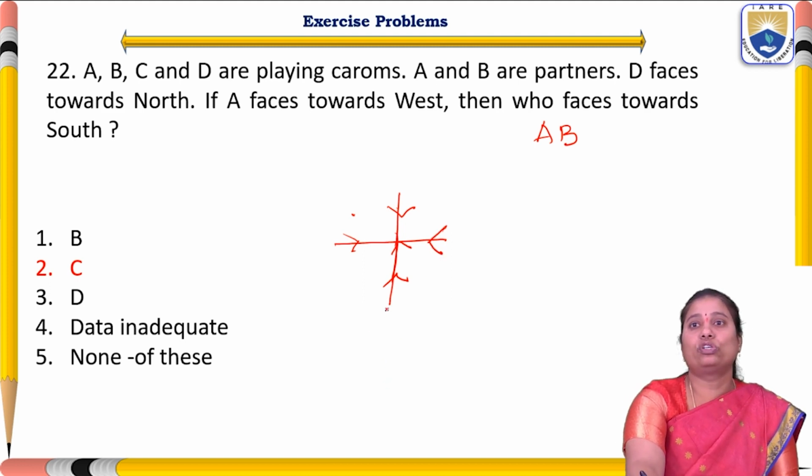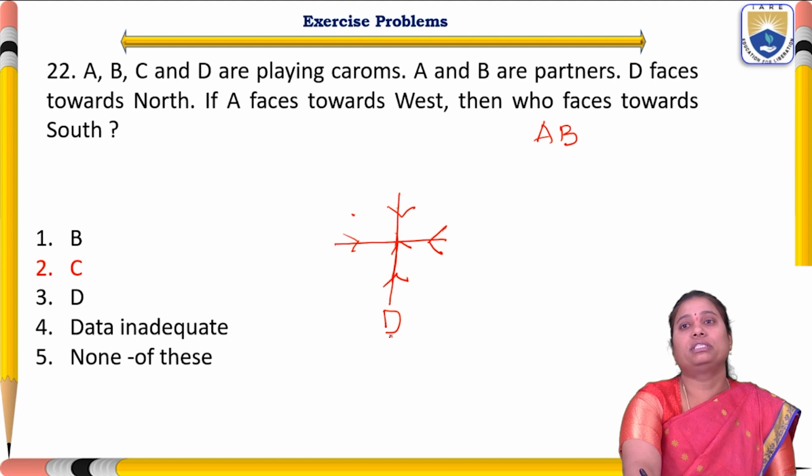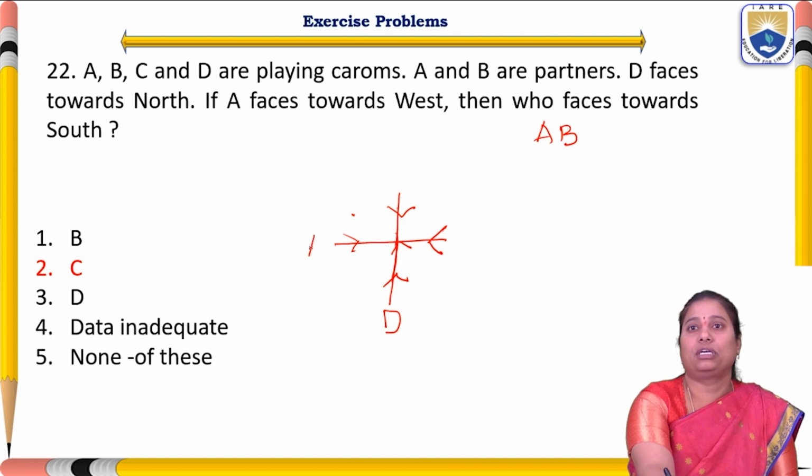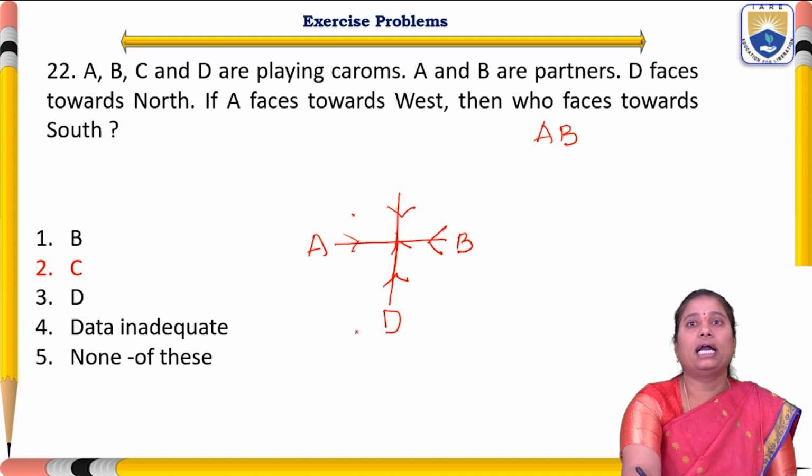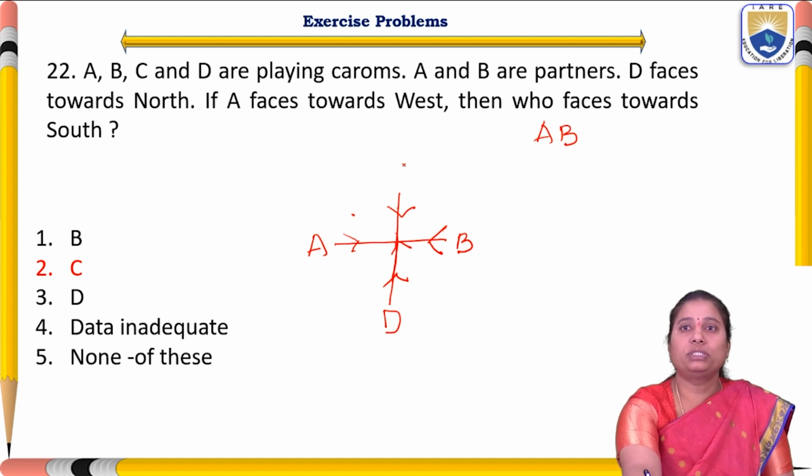D faces towards the north means D is at south, and A faces towards the west. Now A partners with B means B is here, and D's opposite, C, will be there.